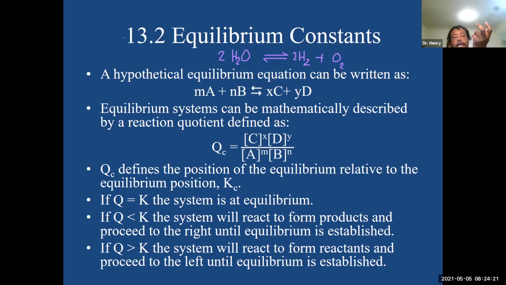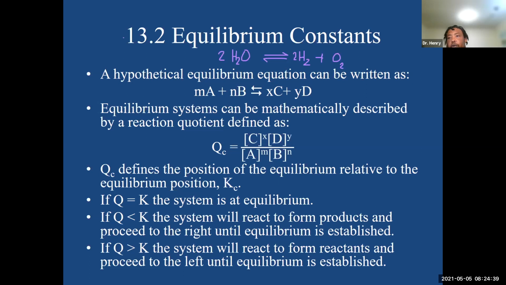If Q is greater than K, then the system is going to want to form the reactants. Okay, and so you're going to be pushing the equilibrium going the other way, right?